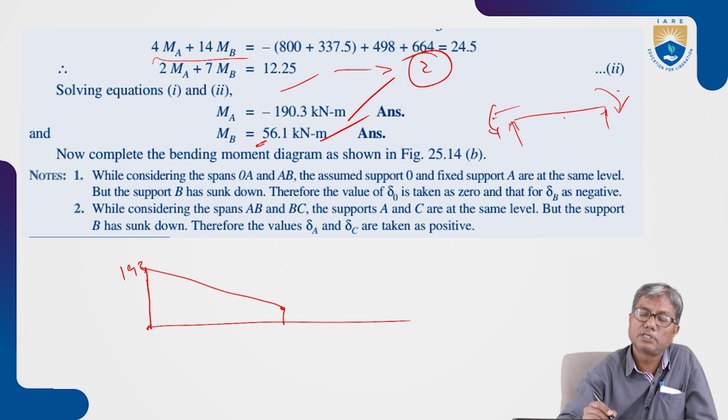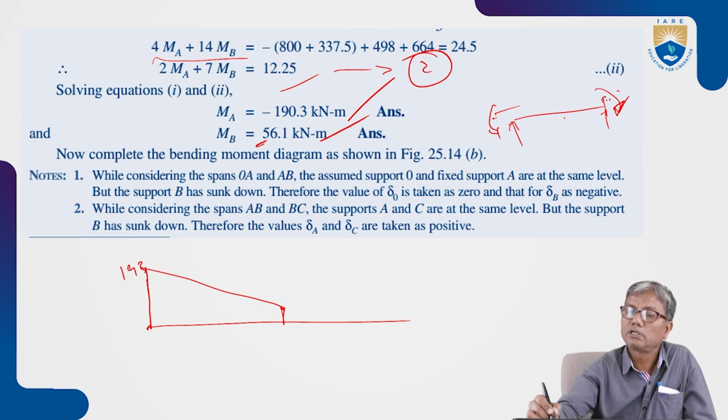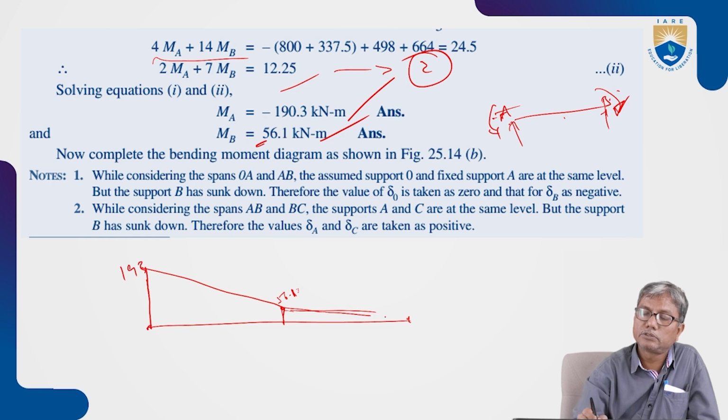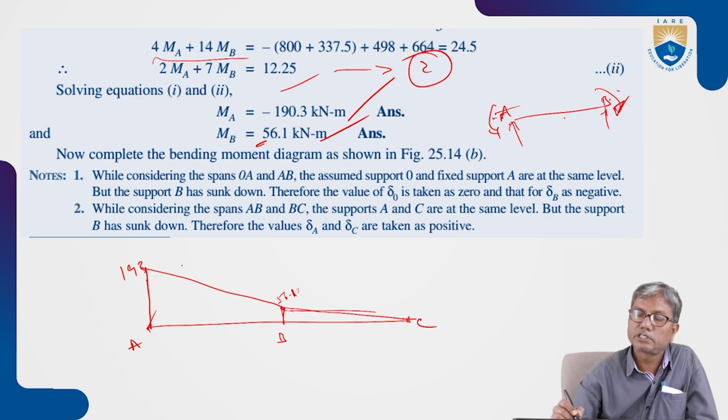Here you have positive value 56 point, but positive means here it is clockwise. So here clockwise means it is hogging only. So it is negative bending moment. Okay, 56.1. And here at C bending moment is 0, being simple support at C. And this is the fixed bending moment diagram.